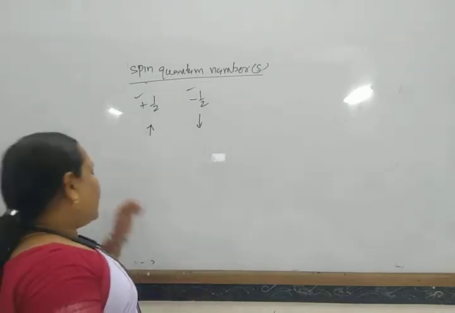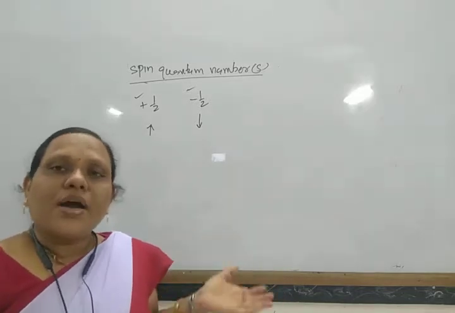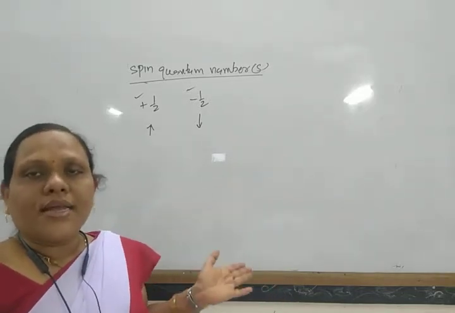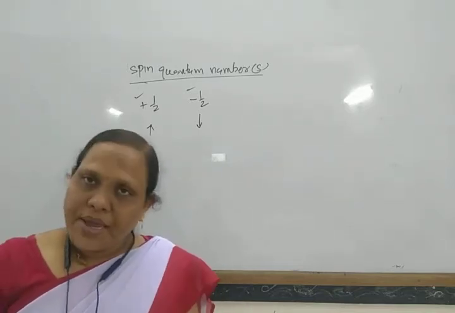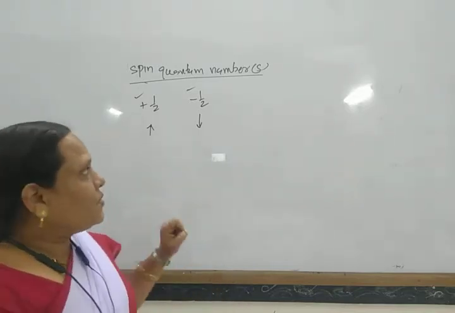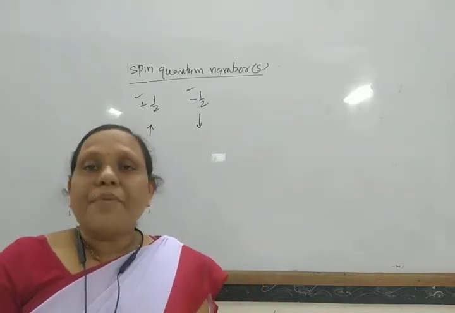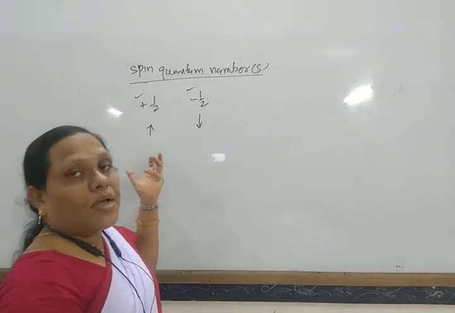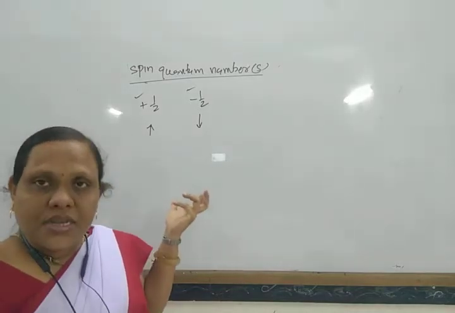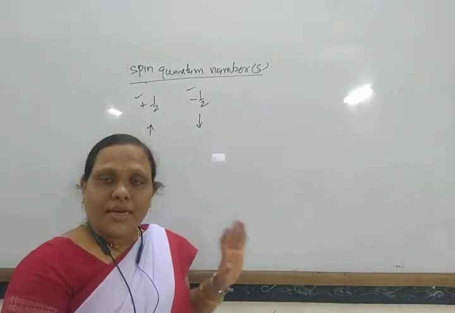If any orbital contains two electrons, then one has plus half value and the other has minus half value. In this way, these electrons are paired, and these are generally diamagnetic in nature. The magnetic moment created by one electron due to spinning is cancelled by the magnetic moment created by the other electron.